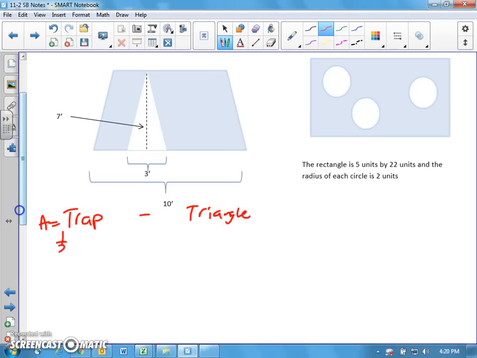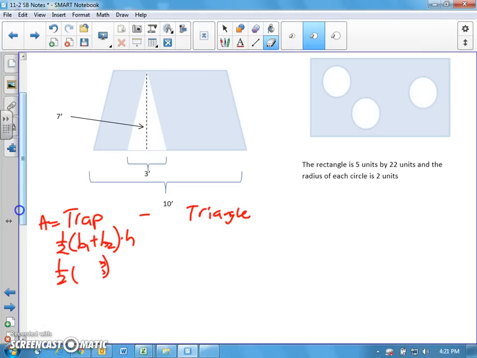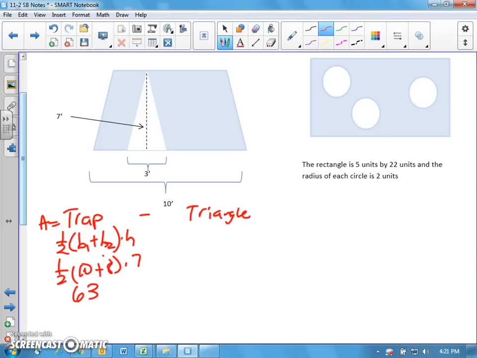The area of the trapezoid is 1/2 base 1 plus base 2 times the height. My two bases are, I'm sorry, 10 and 8. And the height is 7. So half of 18 is 9, times 7 would be 63.